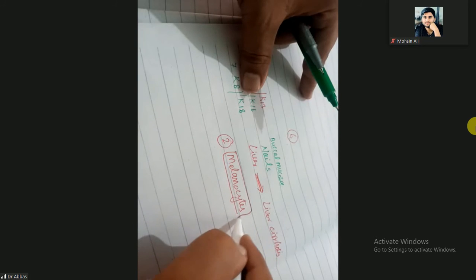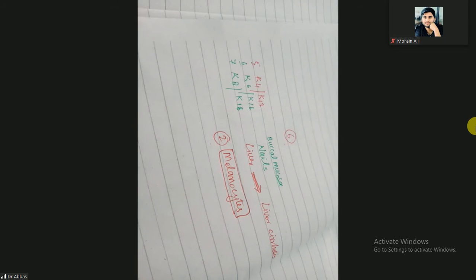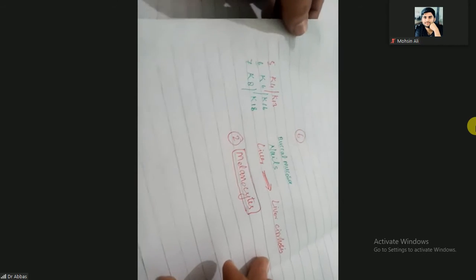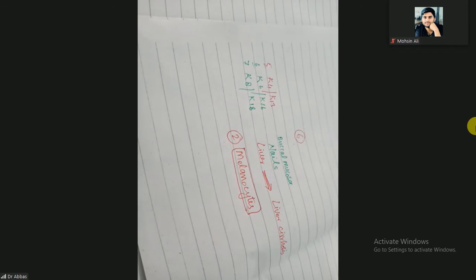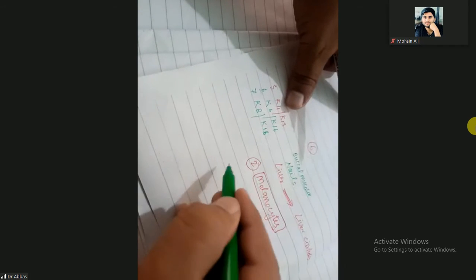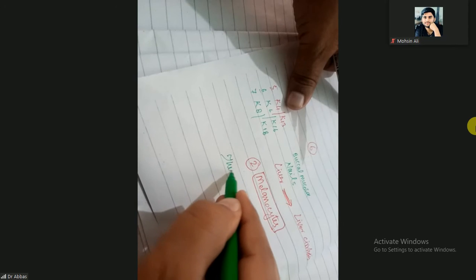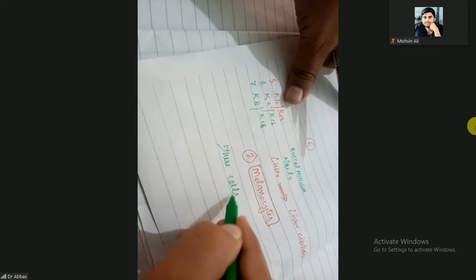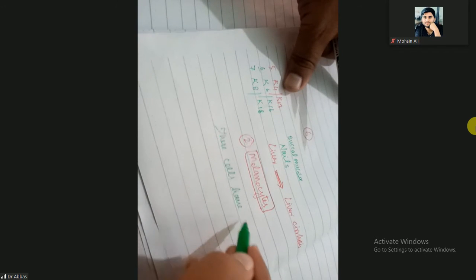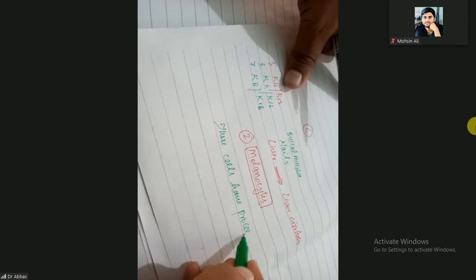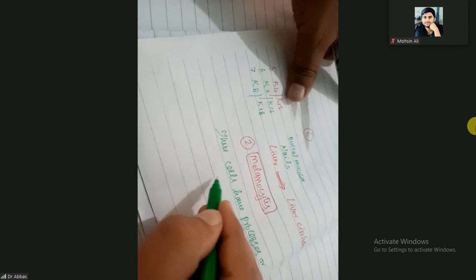These are the other cells of the epidermis. We have studied that melanocytes have processes or dendrites, so these are dendritic cells.